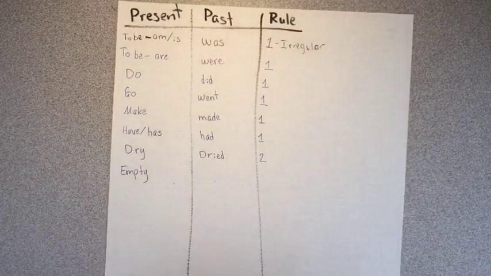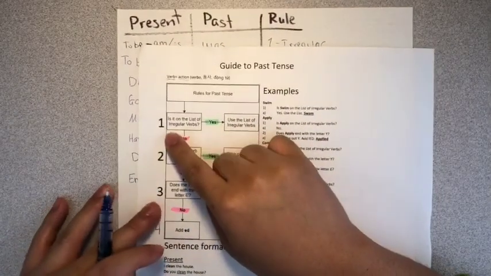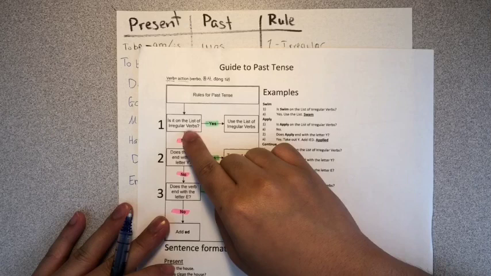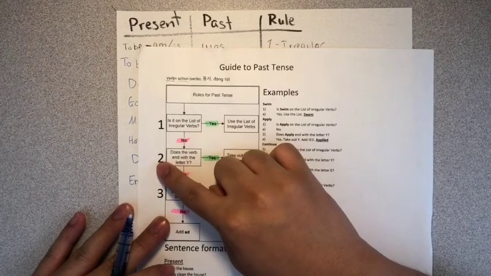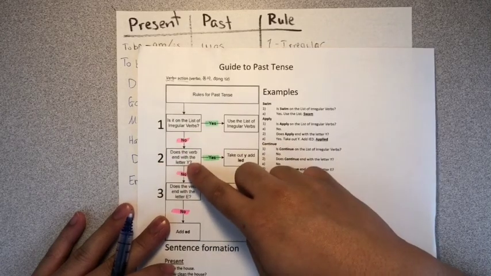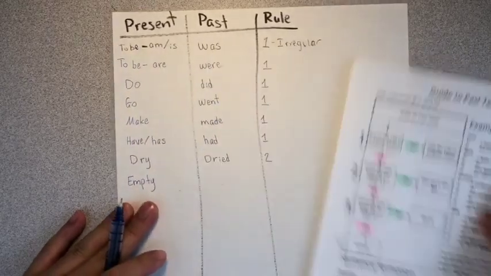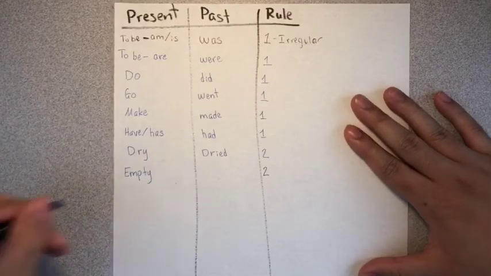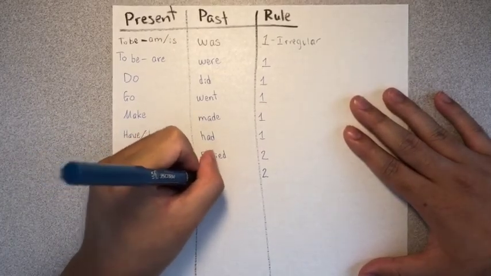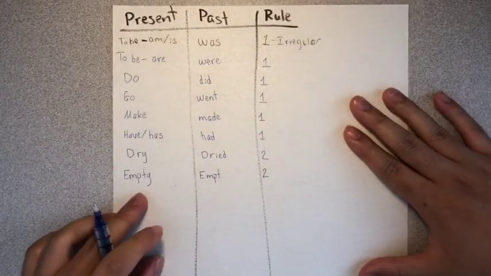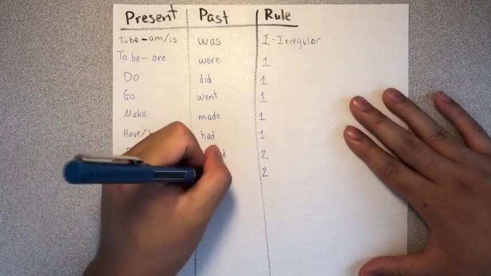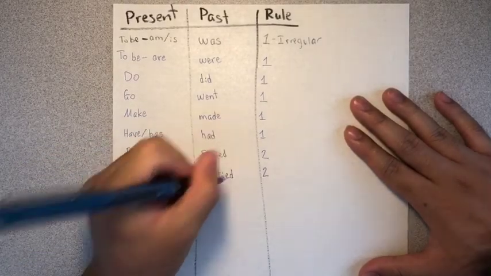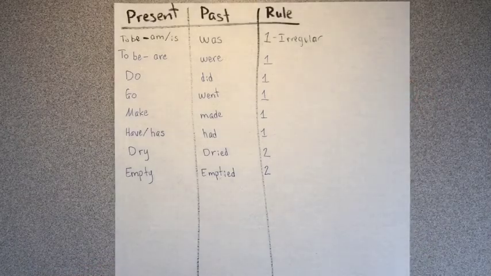So let's work the word empty. 1. Is the word empty irregular? No. 2. Does the word empty end with the letter Y? Yes. So empty follows rule 2. Empt, we take out the letter Y and then we write I-E-D, emptied.